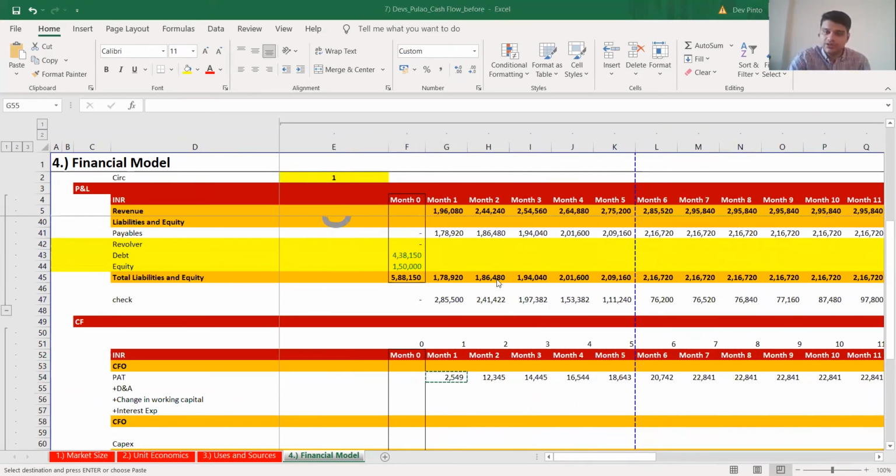Remember D&A, depreciation and amortization. As I told you earlier, D&A represents the wear and tear of your fixed capital items. The tax authority gives you credit for spending on your fixed capital items and then allows you to spread or release those costs over a period of time. But think about the timing of these spends. When you invest in fixed capital, you spend the money up front, it's capitalized on your balance sheet as PP&E, but you're going to be releasing the spend over a period of time.